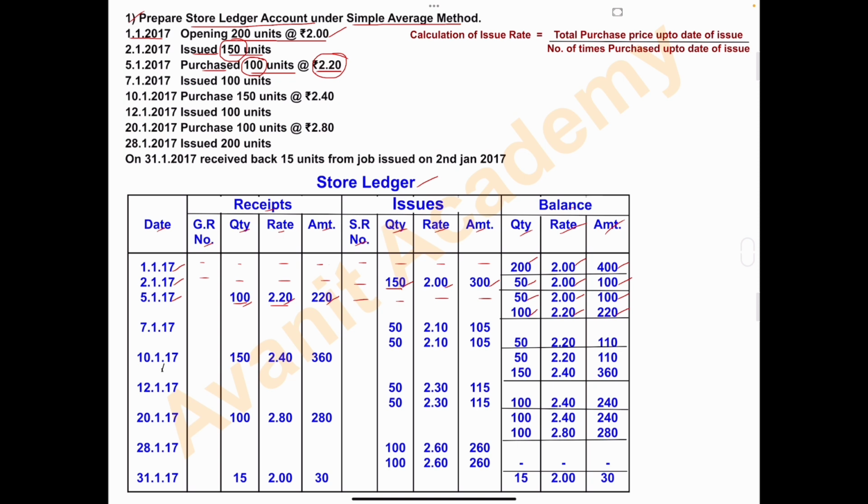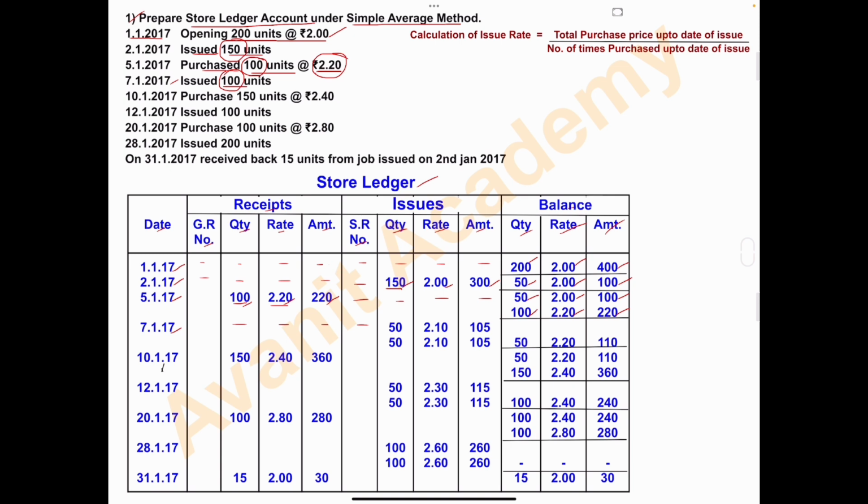Next is on 7th January issued 100 units. Write in solution 7th January, receipts column nil. Issues. So how many units we have to issue? 100 units. Before issuing the units, we have to see the balance. Look at the balance column. In the balance we have two different types of stocks.